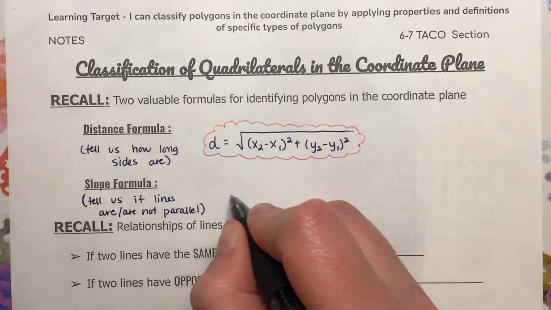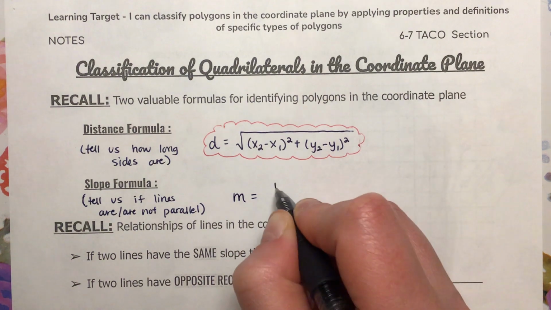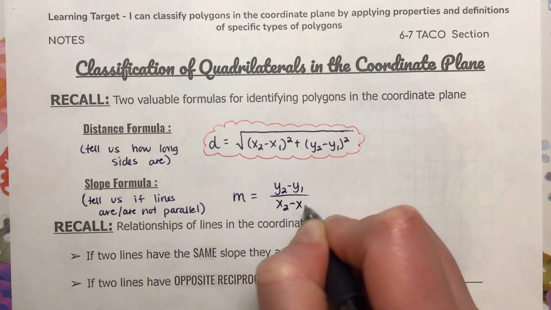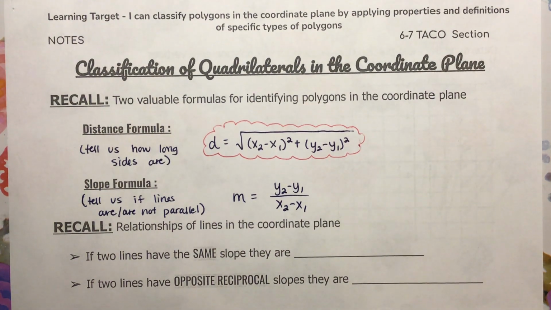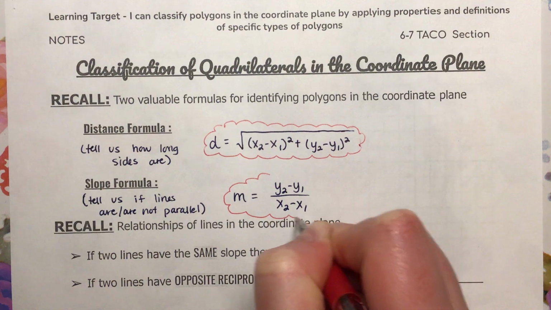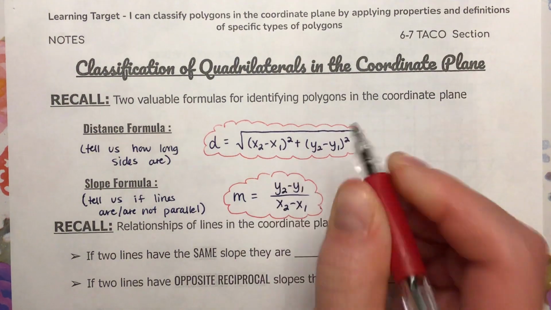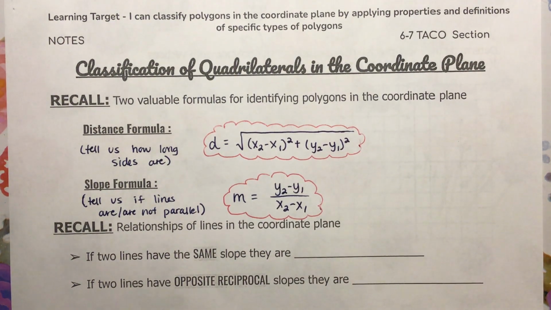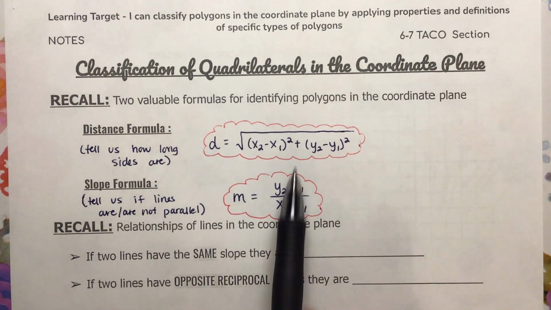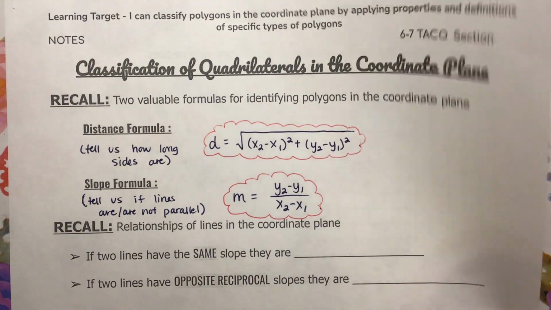So your slope formula is m is equal to y2 minus y1 over x2 minus x1. We have done that slope formula before, but I'm bubbling that in again so you can see that. So these are two formulas we're just going to keep using over and over again.